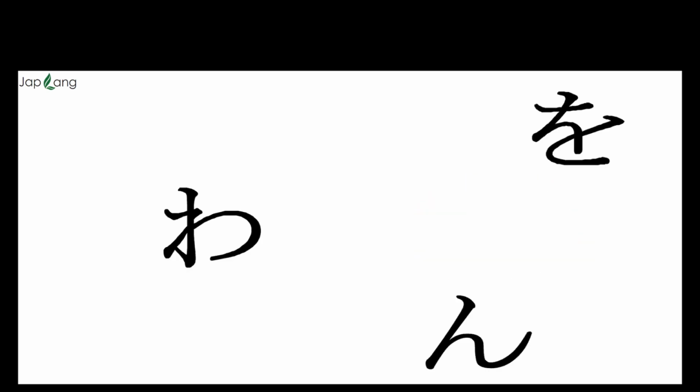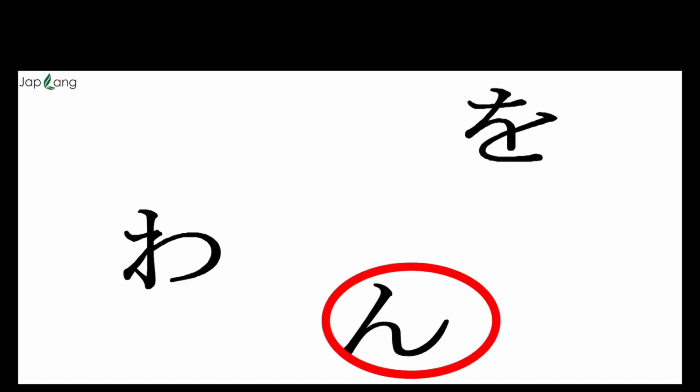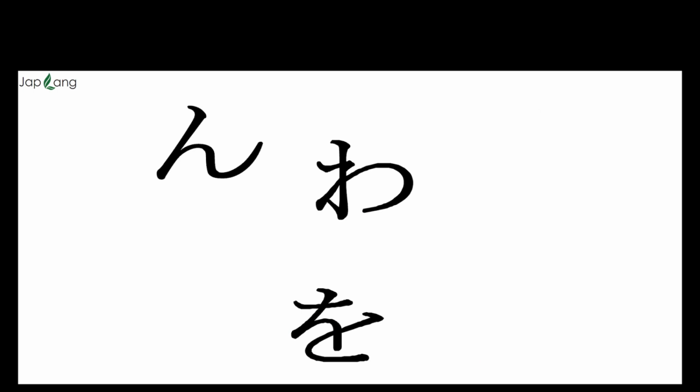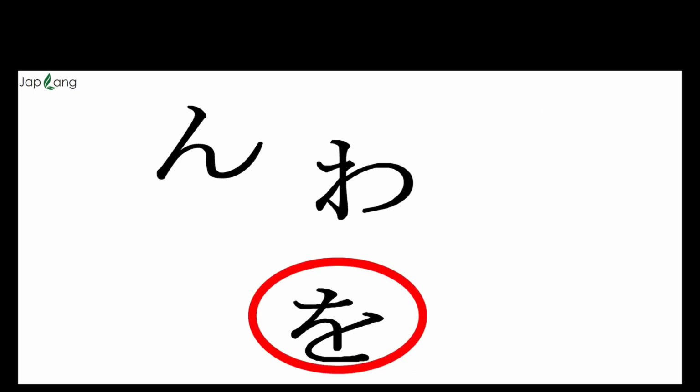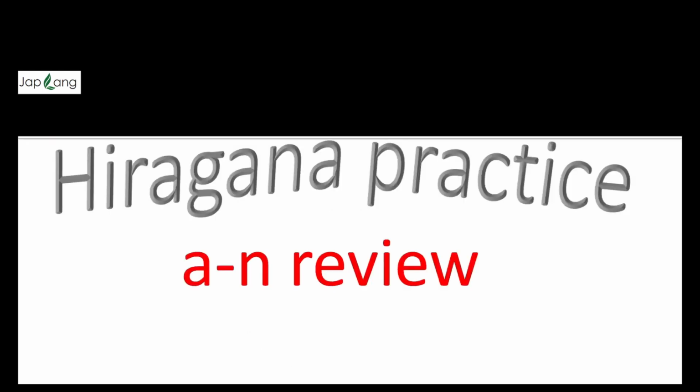Where is n here? The one at the bottom. Alright. Okay, and now can you tell me where is o here? Yes, at the bottom. Okay, let's review from our group till whatever we have learned, all the 46 characters.